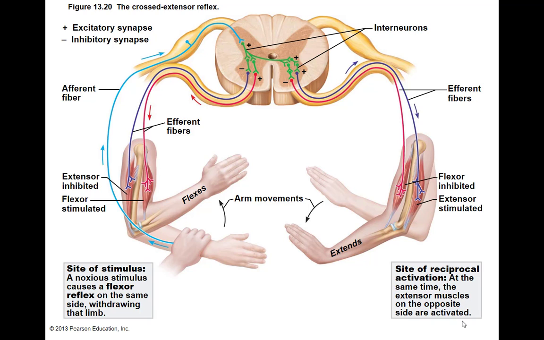If someone comes up, and maybe you could practice this at home, maybe not. If someone comes up behind you and grabs your arm, what's your first instinct to do with that arm? It is to pull away. You're flexing, you're pulling it into you.